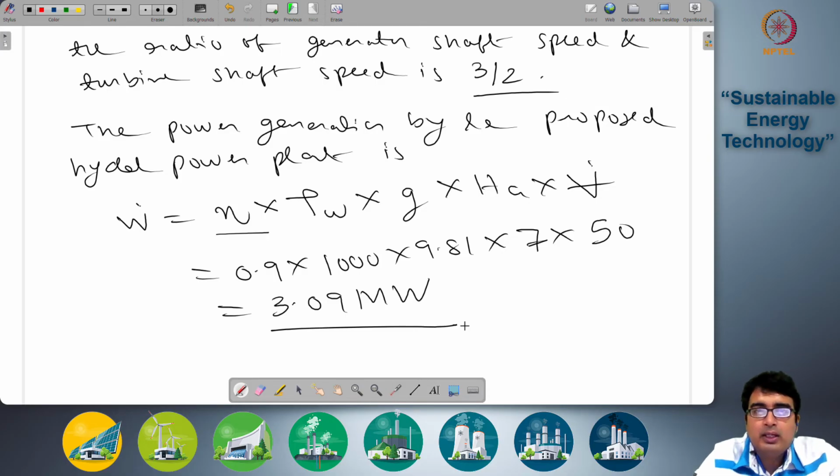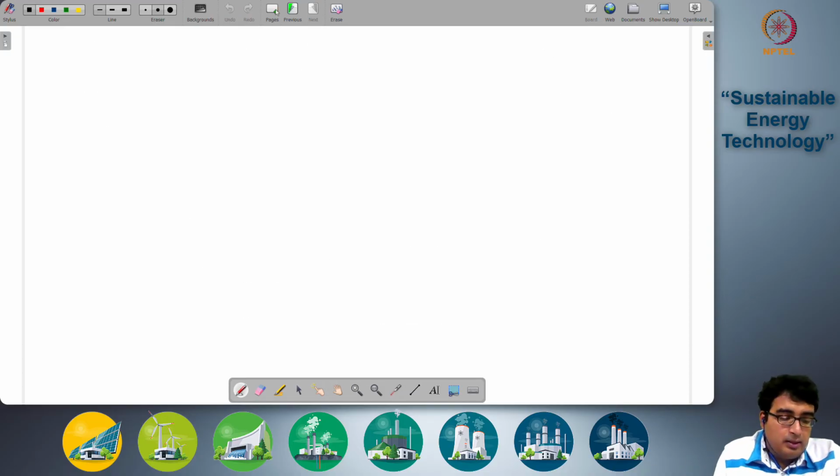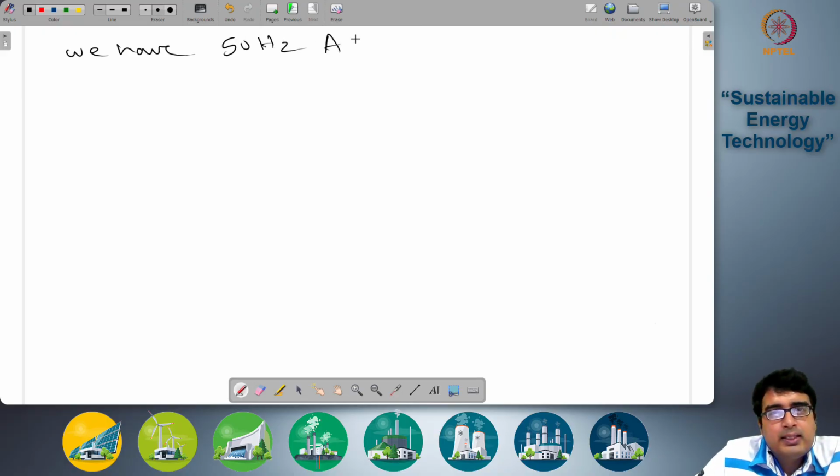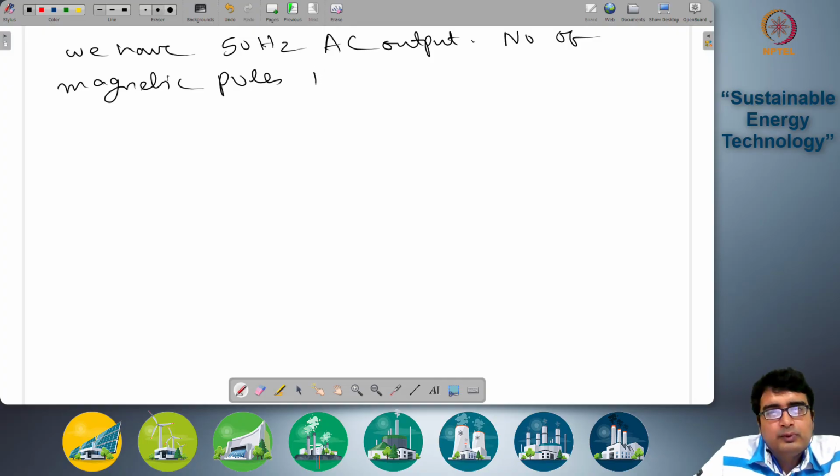Okay, next we look into what is the RPM of the shaft itself. Okay, so we have 50 hertz AC output, fine, and number of magnetic poles is 6.